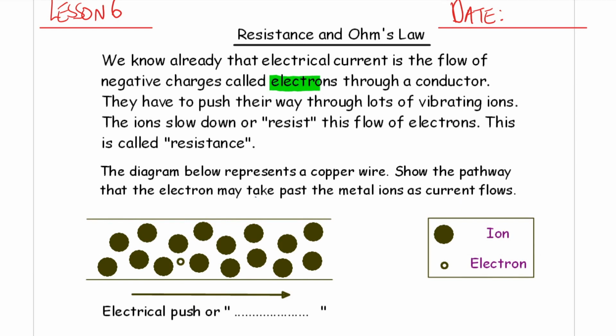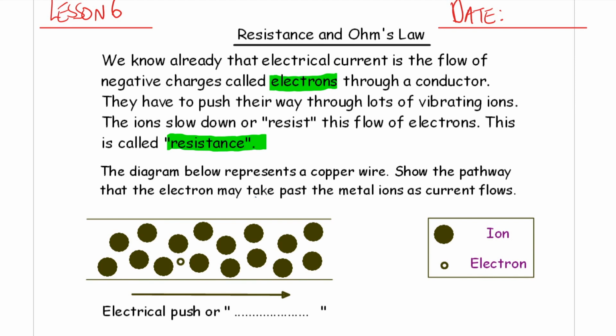It's a flow of electrons through a conductor. A conductor is something that allows electrons to flow. They have to push their way through lots of vibrating ions. The word we use for what gives them the push is the voltage. So the ions slow down or resist the flow of electrons. This is called resistance.